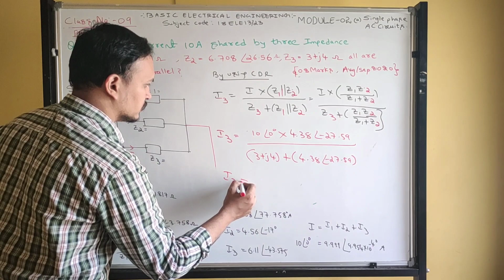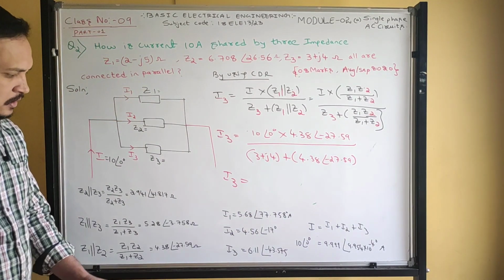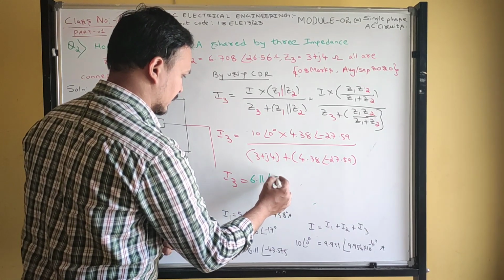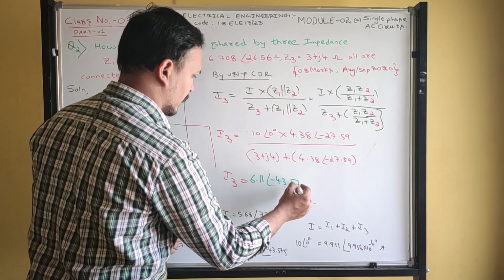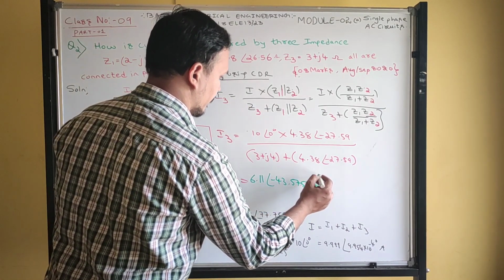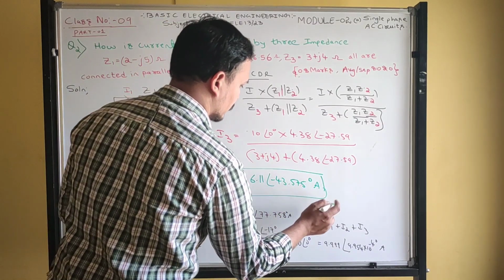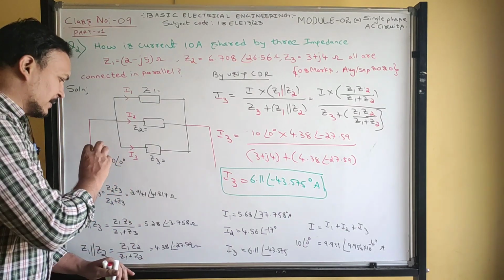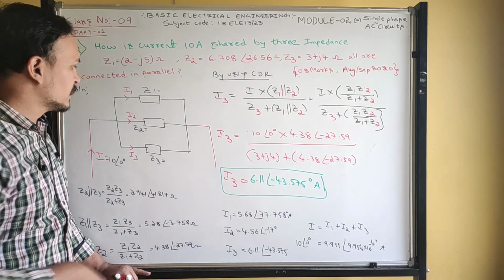So, guys, do this equation in the calculator. You will get I3 current: 6.11 at an angle of minus 43.575 degree amperes.